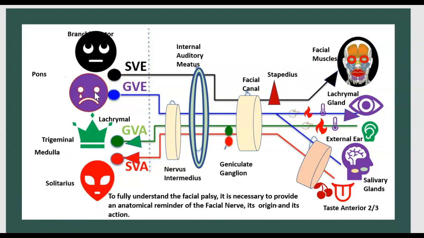GVE from the superior salivatory nucleus sends stimulation to the lacrimal gland via the greater petrosal nerve. Afferents from the ear go to the trigeminal nucleus via GVA, taking stimulation of temperature, touch, and pain. Taste sensation is sent to the solitary nucleus via special visceral afferent fibers.